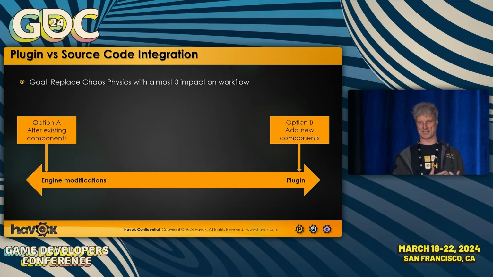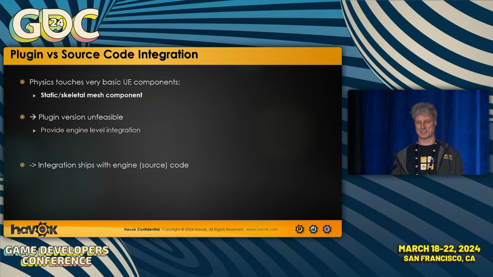We want to keep the data, the properties, and the editor. We also wanted to keep our specific components, the static mesh component, which is a core part of the workflow. For that reason, we were not able to do a plugin integration. We had to stick to an engine level integration.